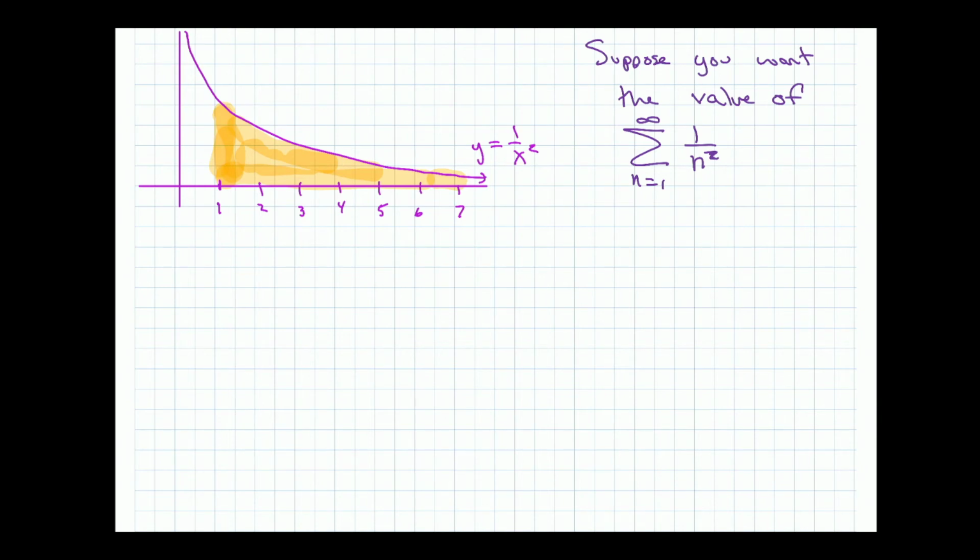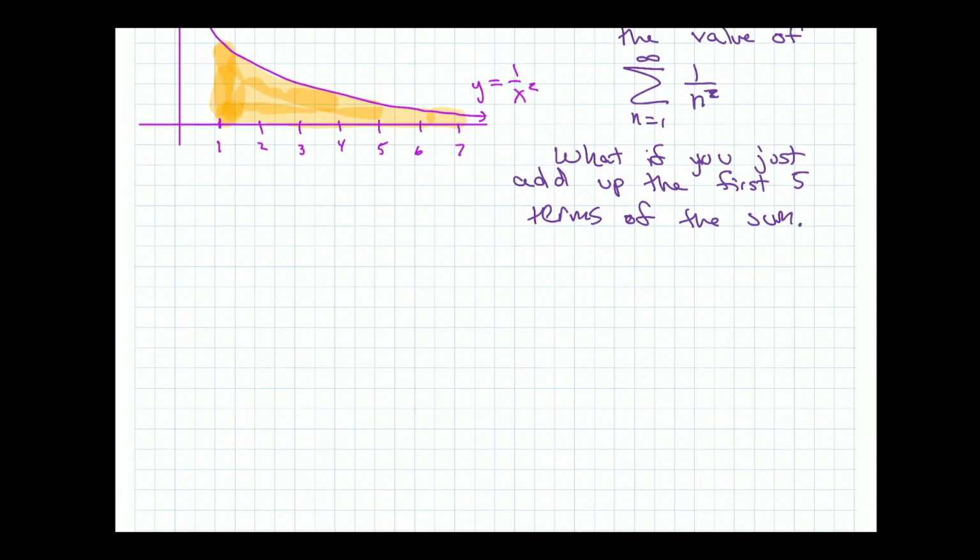Well, what you could do is say the terms are getting smaller as you go. So what if I just add up 5 terms? What if you just add up the first 5 terms of the sum?